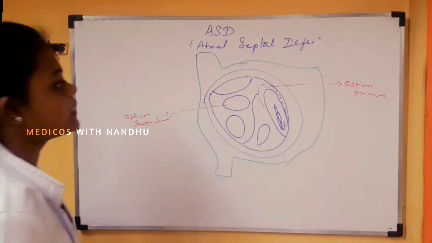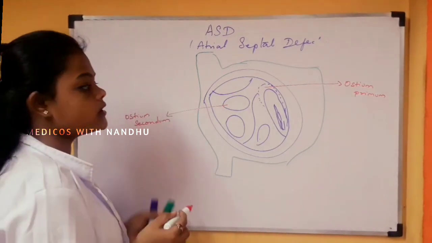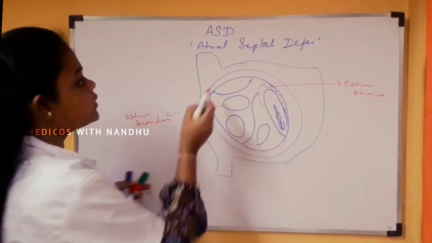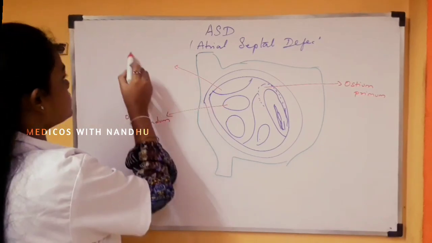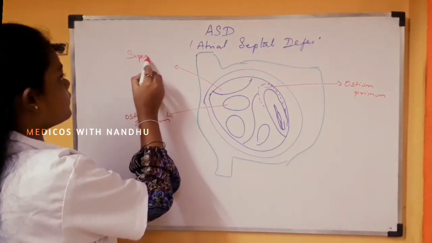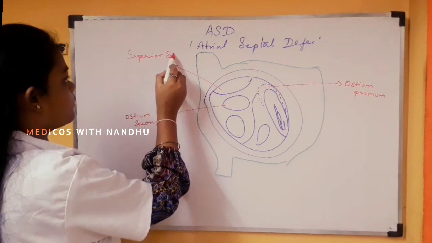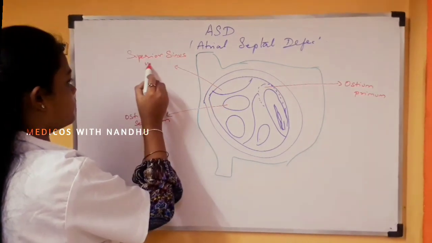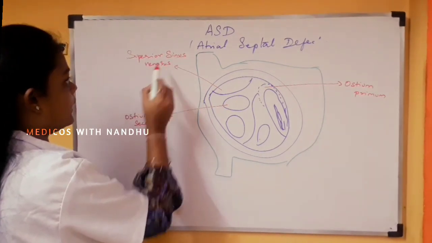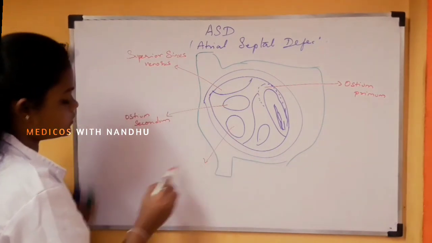Next, sinus venosus. Sinus venosus normally divides into superior sinus venosus and inferior sinus venosus.